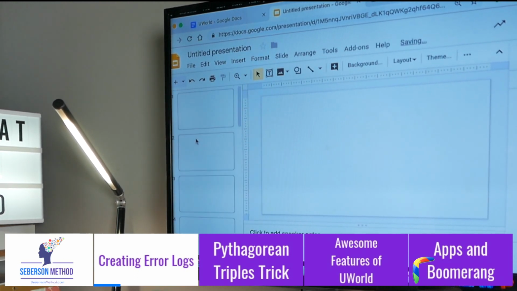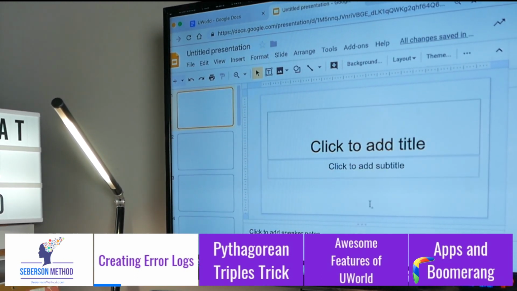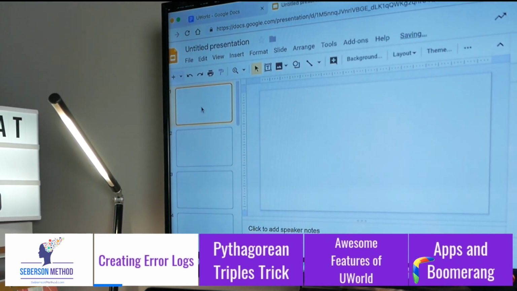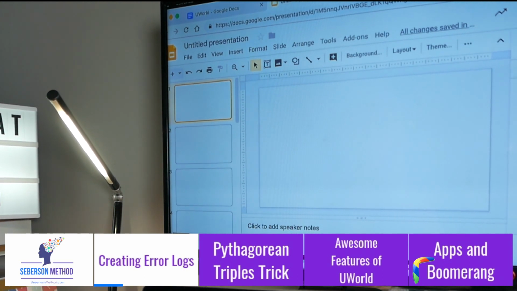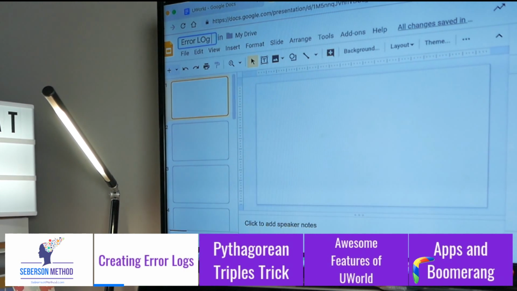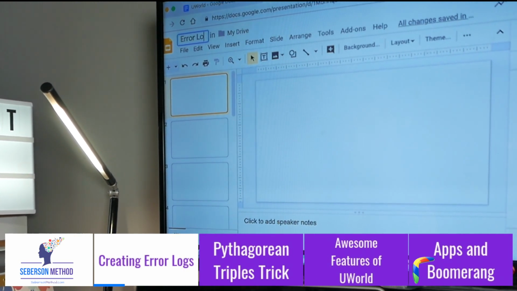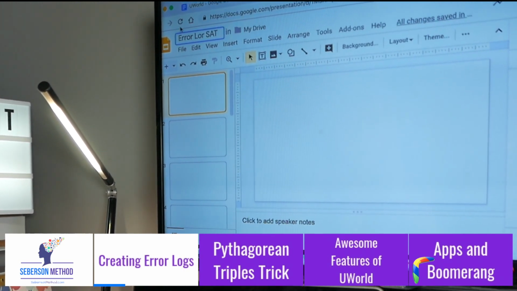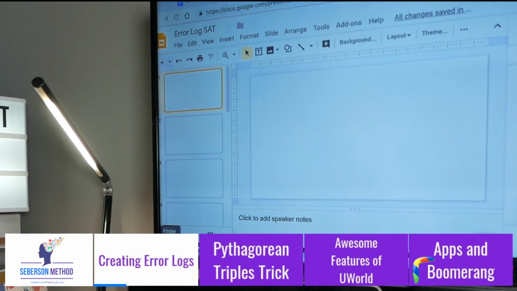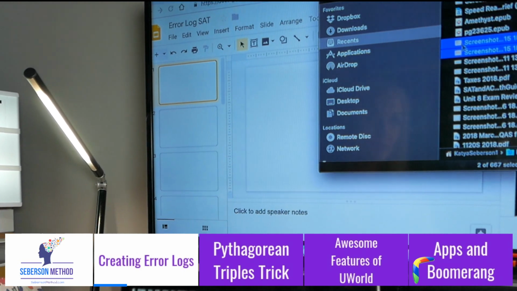So now we have plenty of slides, and then the first one actually has some formatting on it, so we're just going to get rid of the first slide. So now we have this, and what you're going to do, you're going to drag, error log SAT, something like that. I can't spell. Error log SAT. Now, you're going to go to your screenshots.